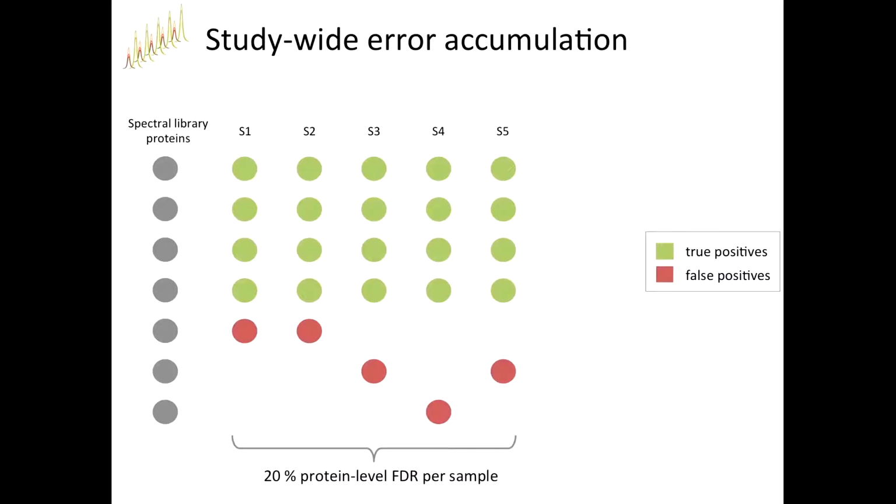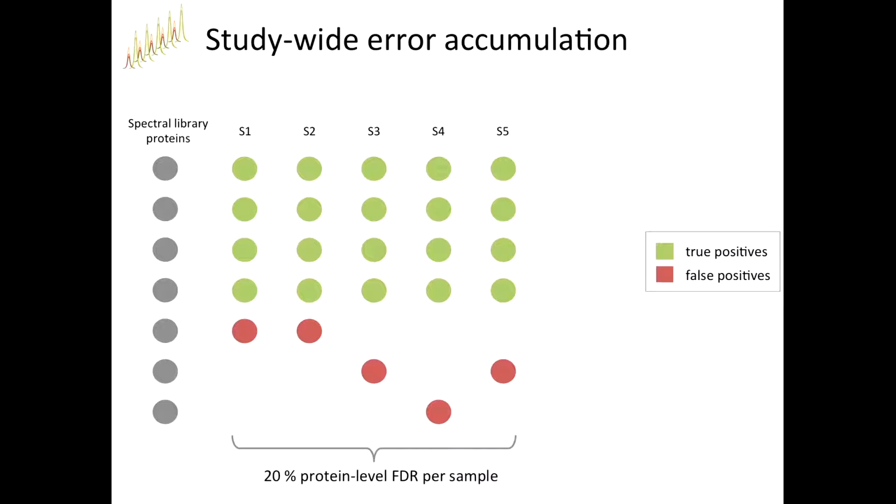Now here's again just a small toy case example. Imagine you have a spectral library which contains again these 7 proteins, and then we extract data from 5 different samples, and these are all kind of the same samples, so the true positive proteins that you detect are always the same. However, the decoys again match randomly, and what happens is that the 3 other proteins in your spectral library are randomly hit in one of each of these samples.